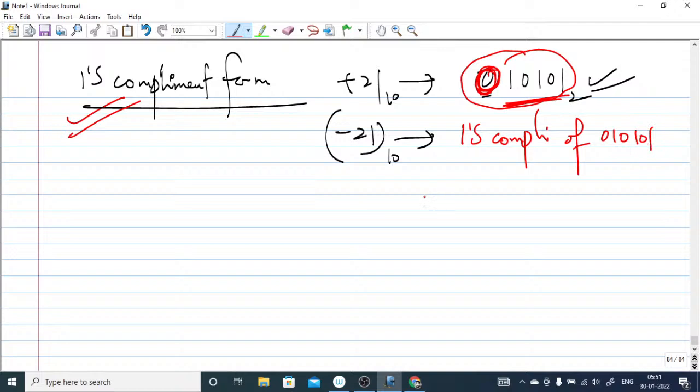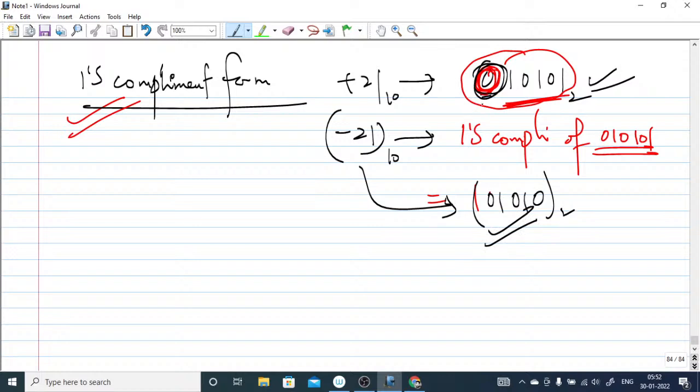You have to include the sign bit as well. Take the complement of each bit, so this will be 1 0 1 0 1 0. This is the representation in the case of 1's complement, including the sign bit as well. Then you will get the right answer for this question.